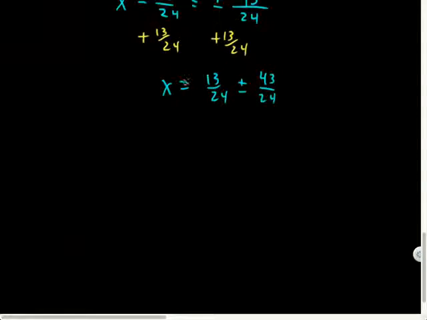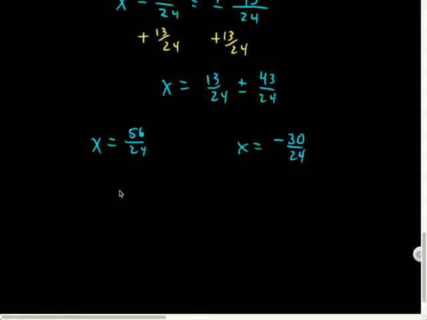And hey, that I can figure out. 13 plus 43 is 56/24. 13 minus 43 is minus 30/24.